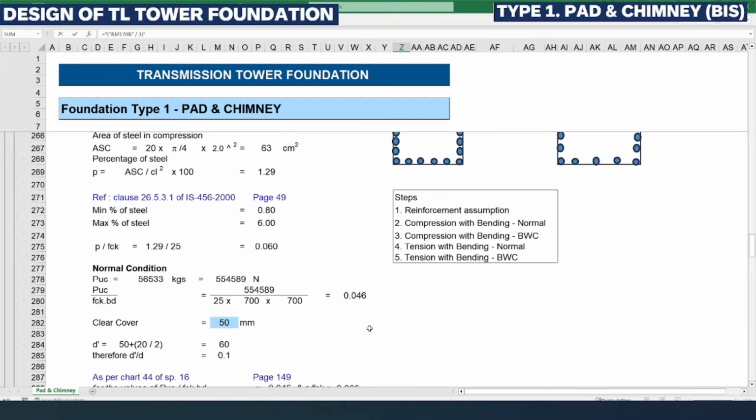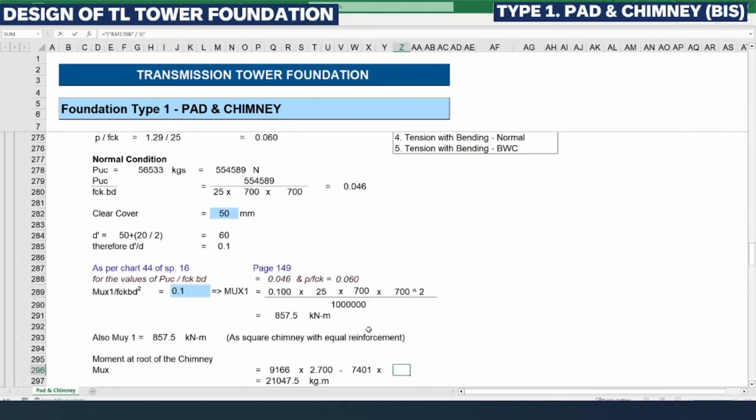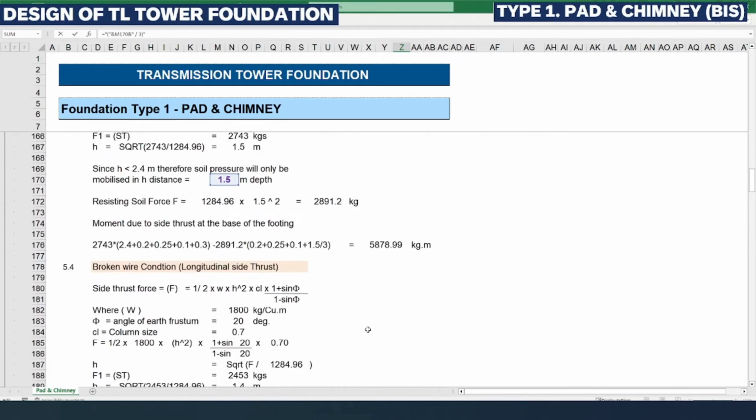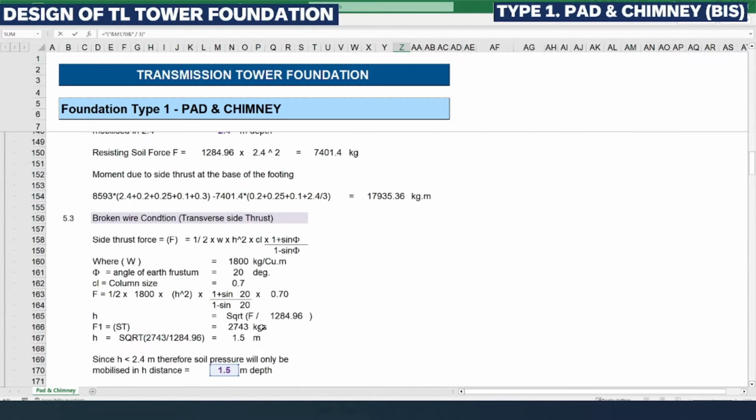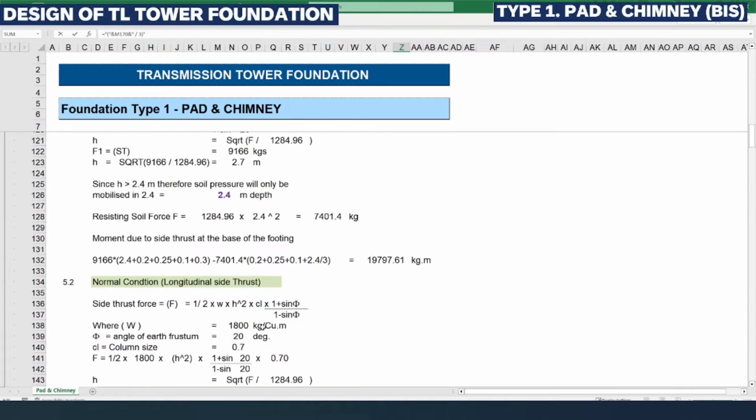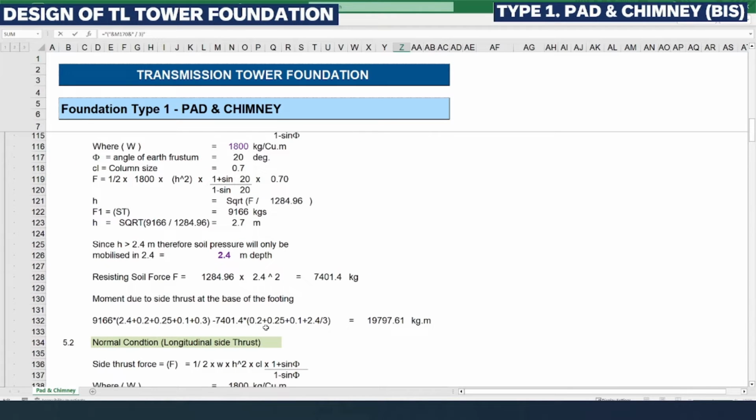The height we need to consider for the same. So this height we need to consider.